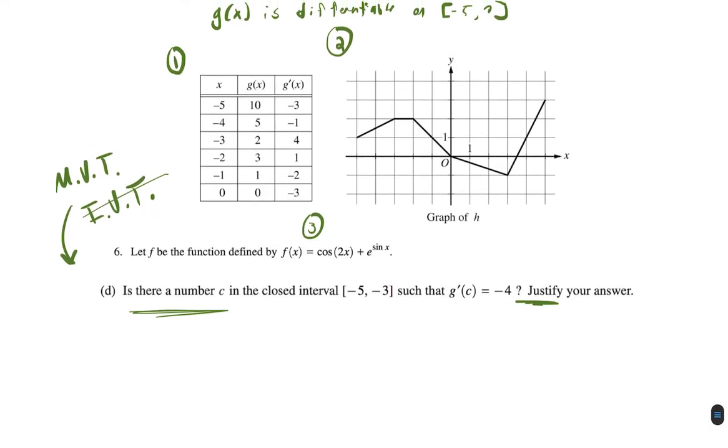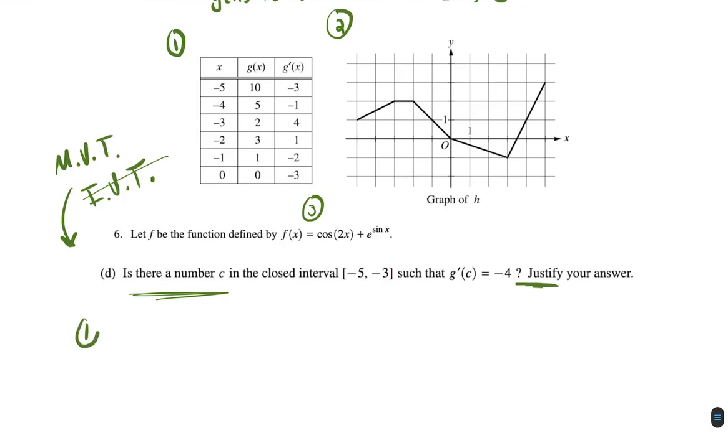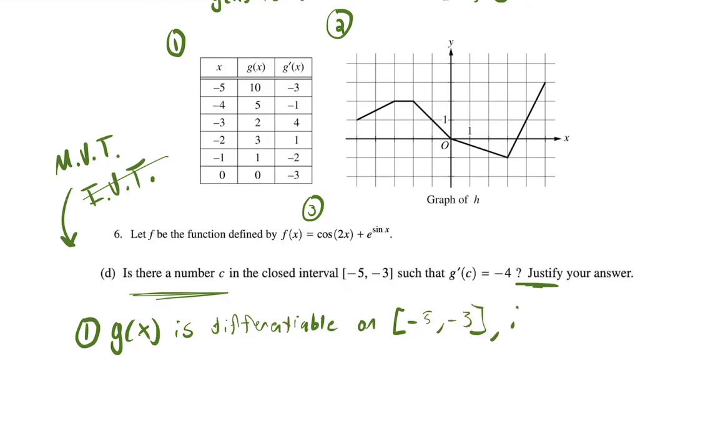What I would start this process out by saying is, I would put a number 1 and I would say g of x is differentiable on -5 to -3, therefore continuous on -5 to -3. That's an important point.